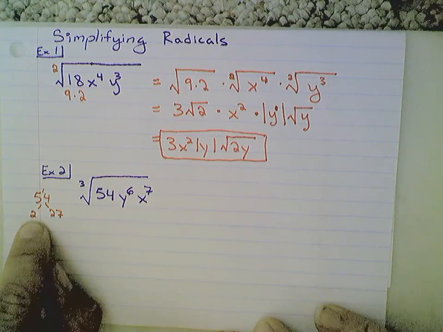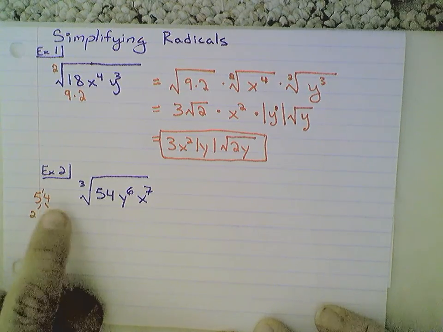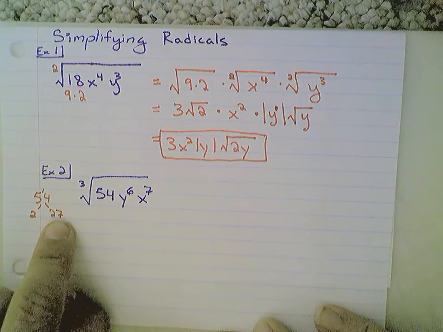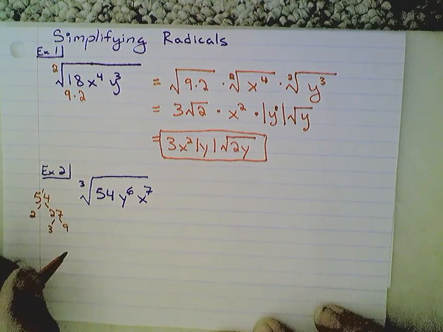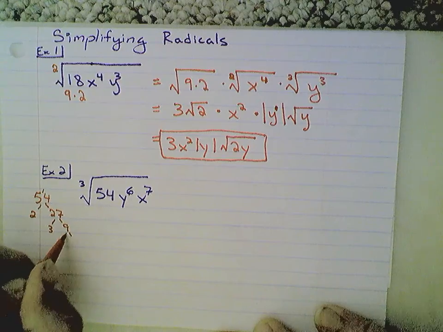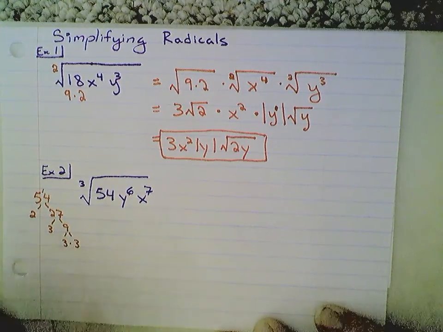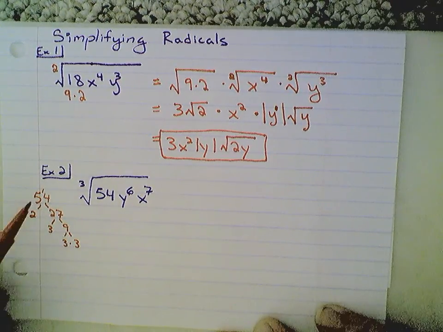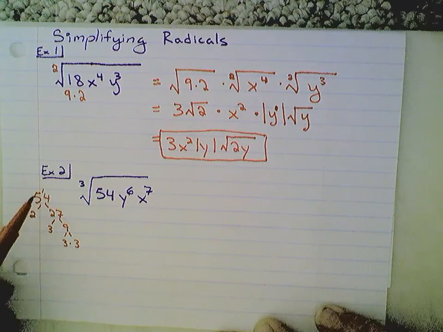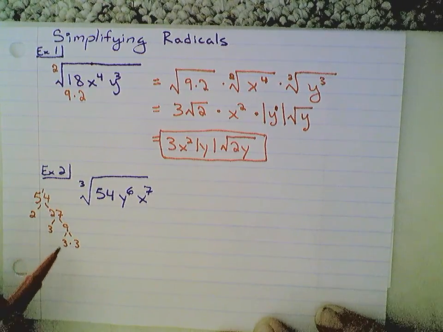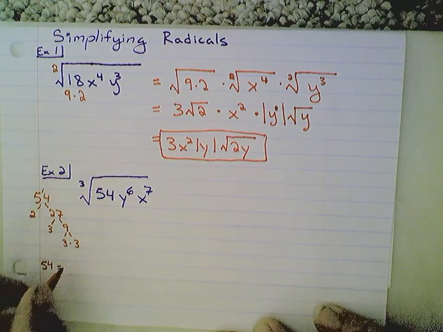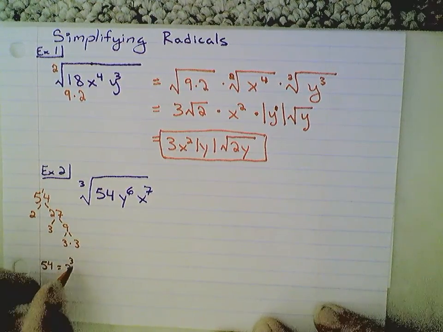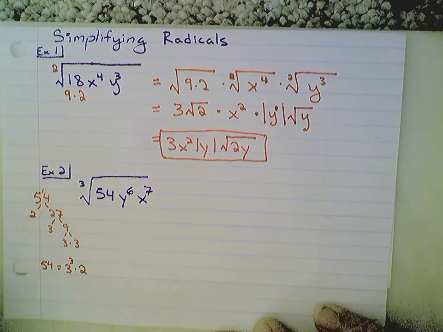2 can't be factored any further because it's a prime number, but I can factor 27. 3 goes into 27 9 times, and then I can factor 9 into 3 times 3. Now notice what I can do here is I can write 54 as a product of its prime factors. So 54 is really equal to 3 to the third times 2.